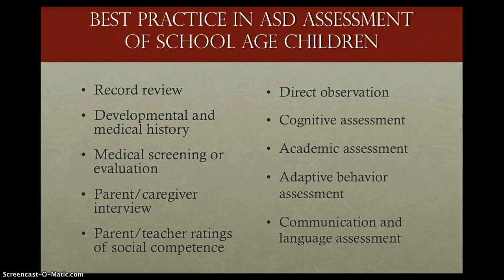And then the cognitive academic assessments mentioned earlier, adaptive behavior. Keep in mind that the range of intellectual disability within the spectrum can be enormous, and so adaptive behavior might be very different from one individual to another. And again, communication and language. So we'll look at each of these a little more specifically.